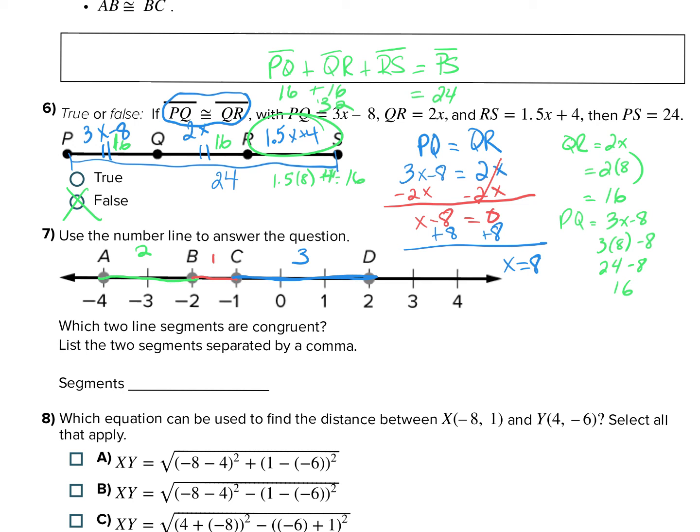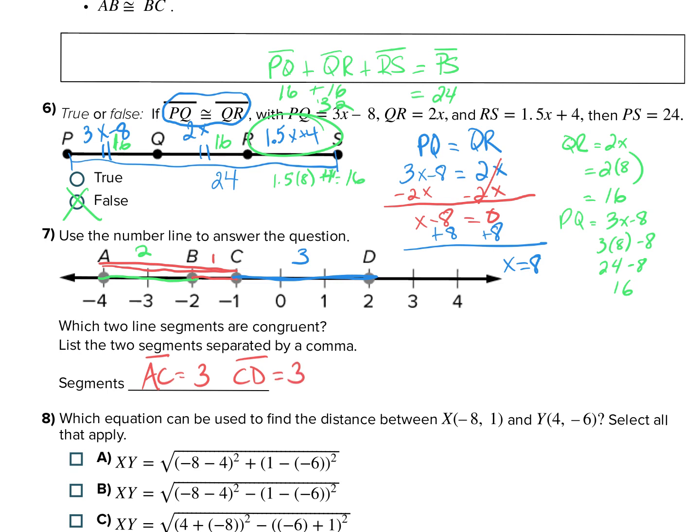But if I look at line segment AC, 2 plus 1 is 3. So AC is 3 units, and CD is also 3 units.